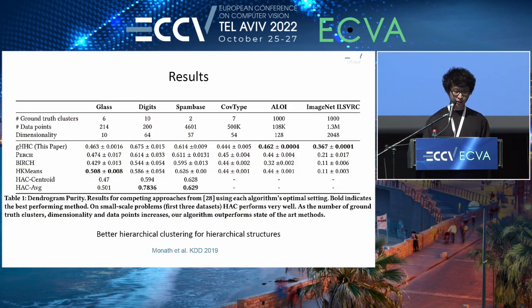And we can see the results in hierarchical clustering on a whole range of different types of data, not just image data or visual data. And the last one, which is perhaps most interesting for computer vision, is this ImageNet. It turns out the algorithm performs well over all sorts of data.